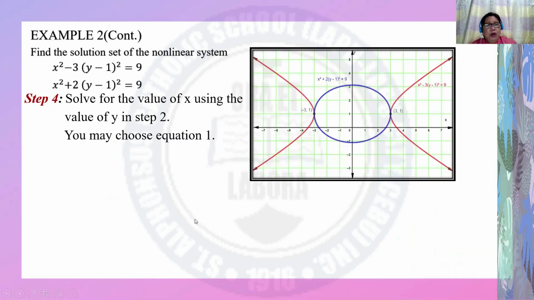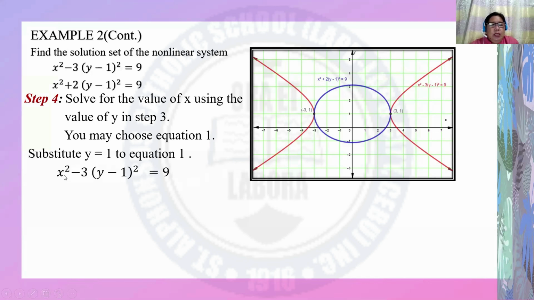Then for step 4, we have to solve for the value of x using the value of y in step 3. You may choose equation 1. So substitute y is equal to 1 to equation 1. So equation 1 is x squared minus 3 times the square of y minus 1 equals 9.